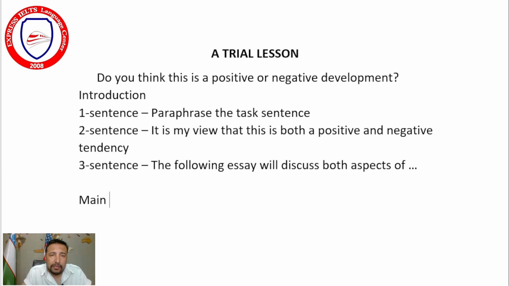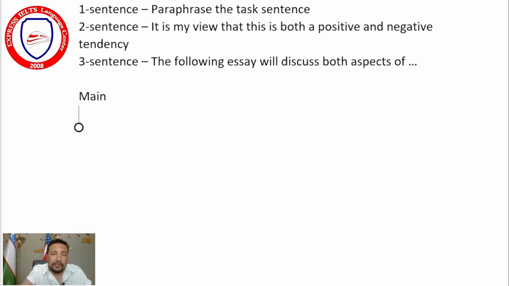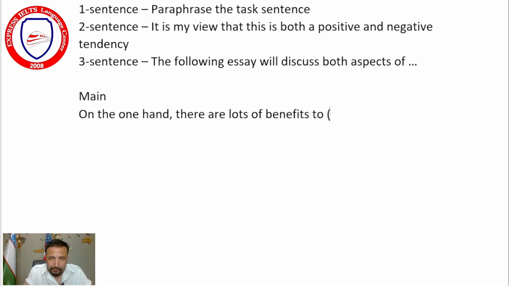Okay, then we can go to the main part. You should start with the topic sentence that I have already explained. You should say, on the one hand, there are lots of benefits to, and after that we can use verb-ing or a noun. Okay, then you should start giving positive aspects.